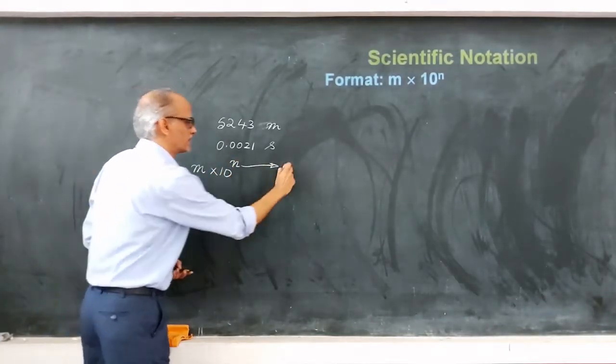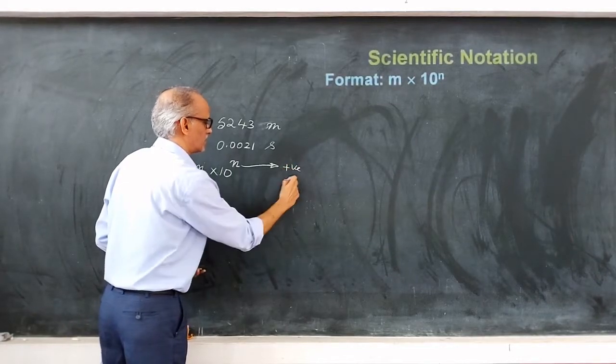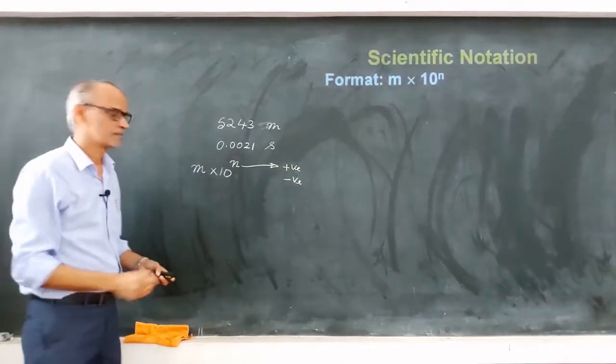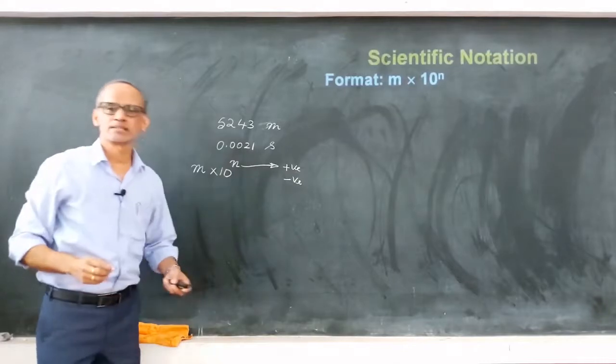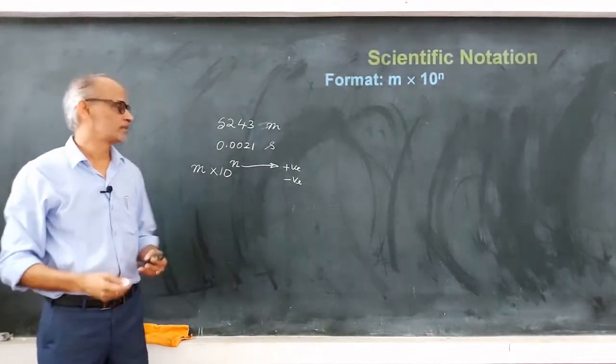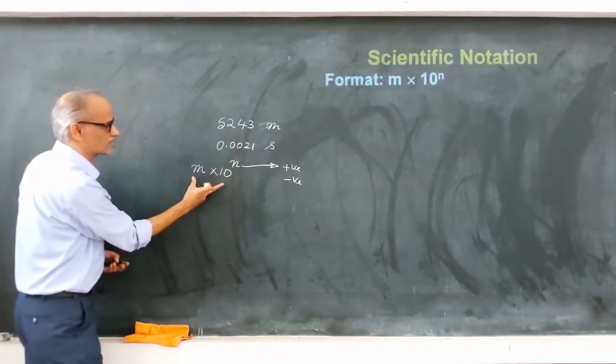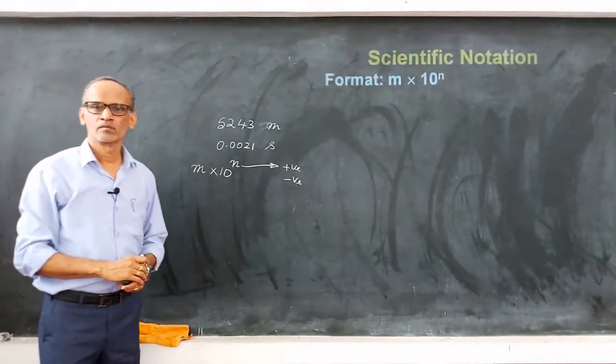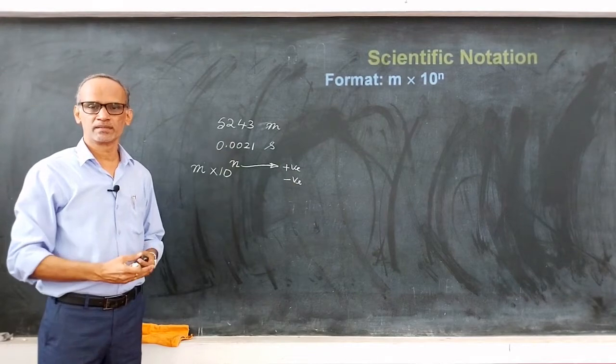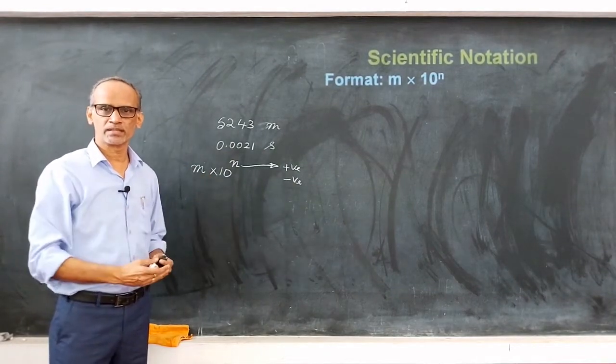This n is either positive or negative, and n is always an integer. How to rearrange the number in this format? You have to shift the decimal. That's what we are going to learn here.